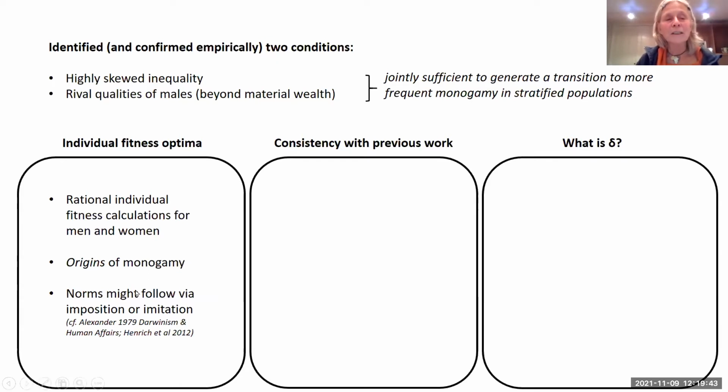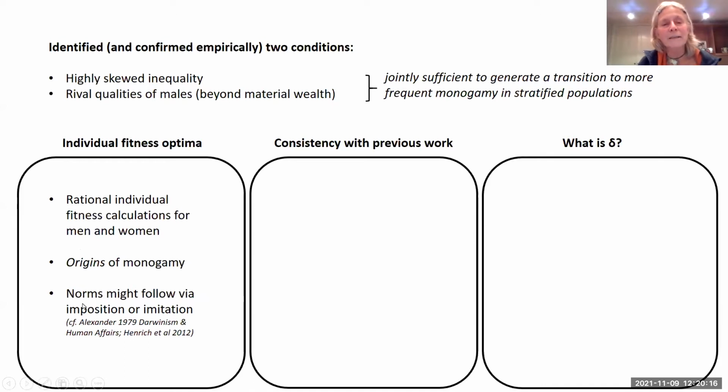And so, as such, we're able to identify the potential origins of monogamy without having to have recourse to norms or to cultural group selection, or to other independent processes such as demographic transition. So this is really an endogenously produced result just from rational fitness calculations.